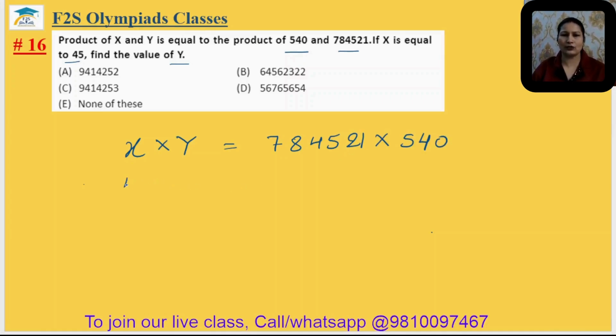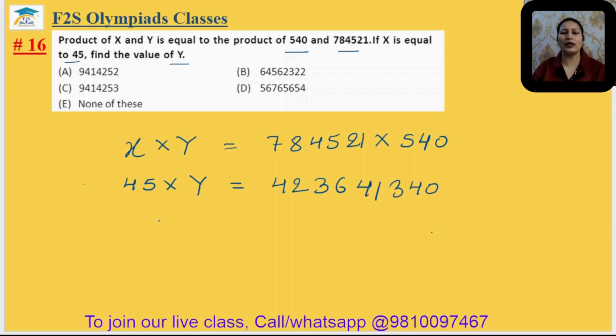We know x is 45, and we don't know y. If you find the product of 784521 with 540, you will get 42 crore 36 lakh 41,340, that is 423641340.